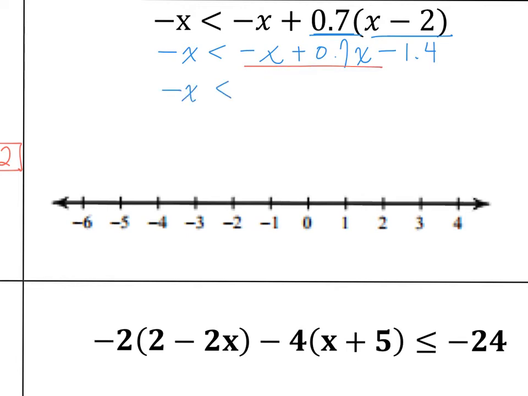Okay, and that's going to give me -0.3x minus 1.4. And now I am going to collect like terms onto one side of the inequality by adding 0.3x.